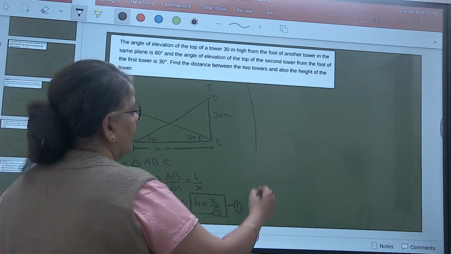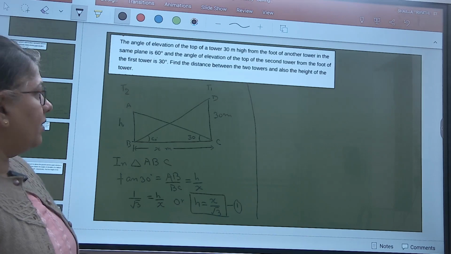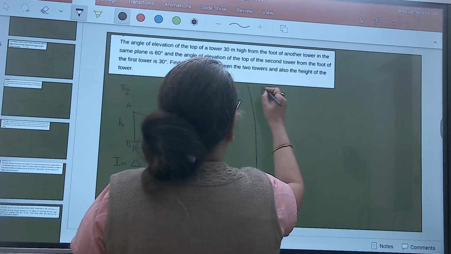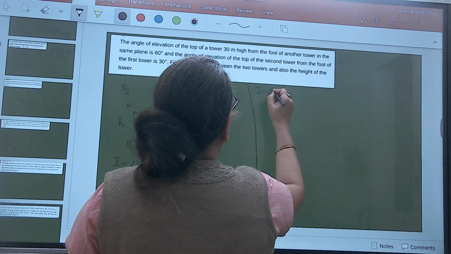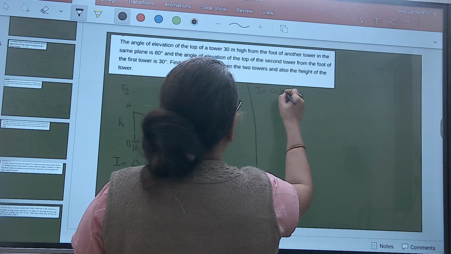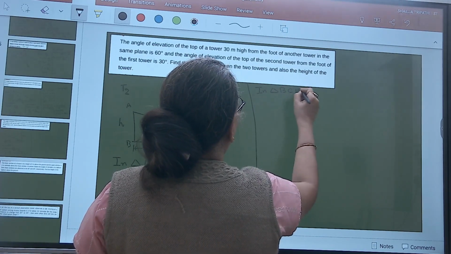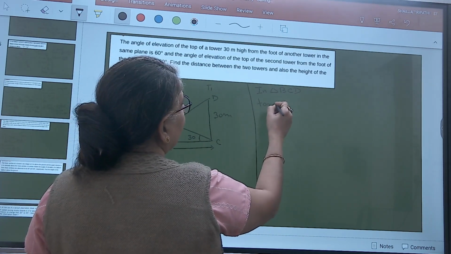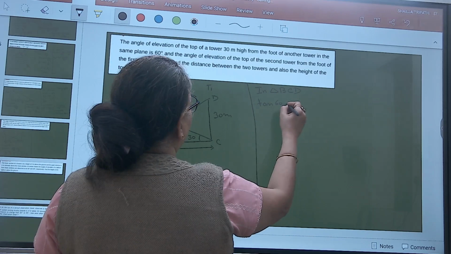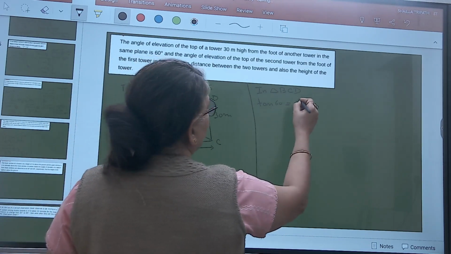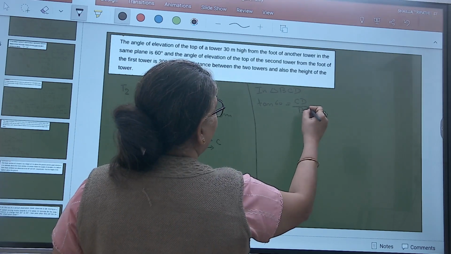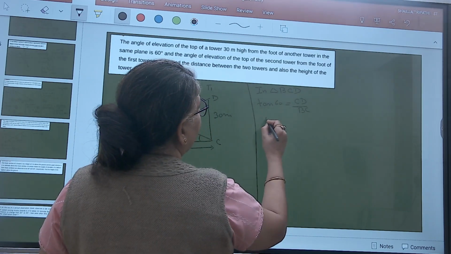In another triangle BCD, what we get, tan 60 is equal to CD upon BC. Tan 60 is root 3.